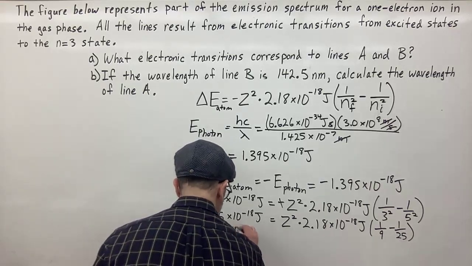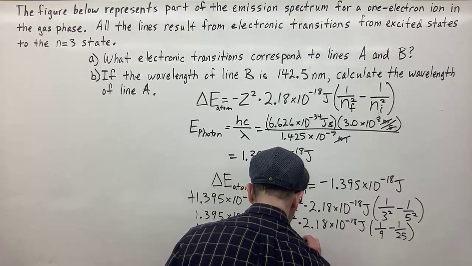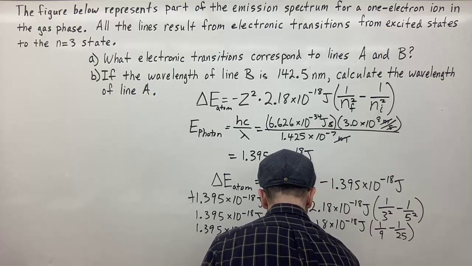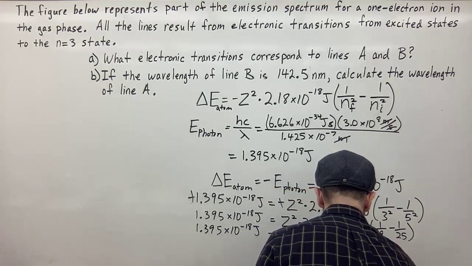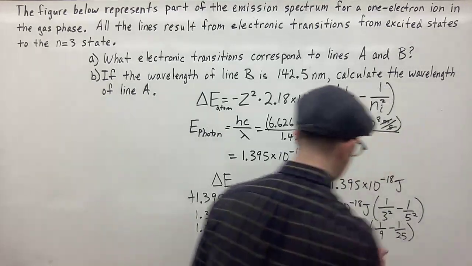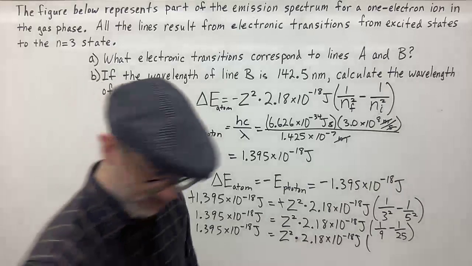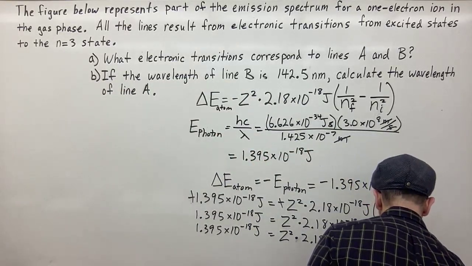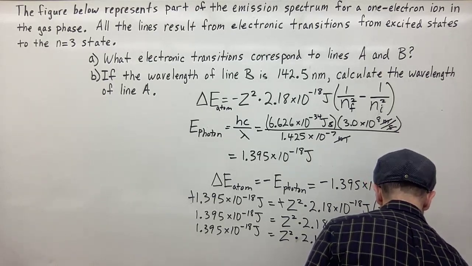So then that's 1.395 times 10 to the negative 18 joules equals z squared times 2.18 times 10 to the negative 18 joules. And then when I subtract those, I get 0.0711. I'll just put extra ones because they're there.